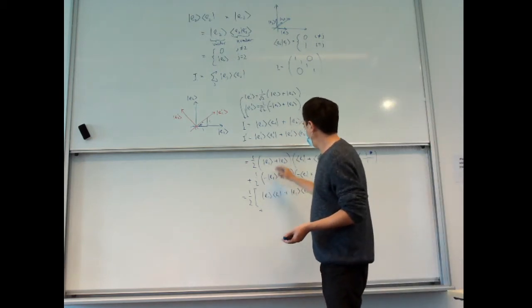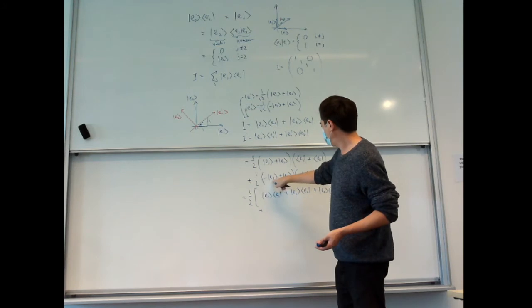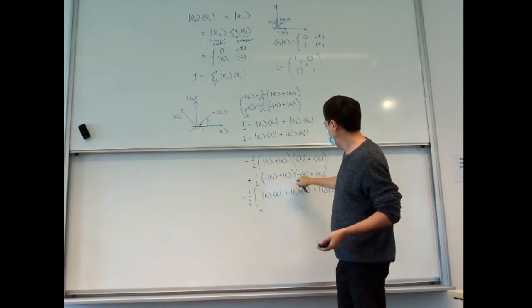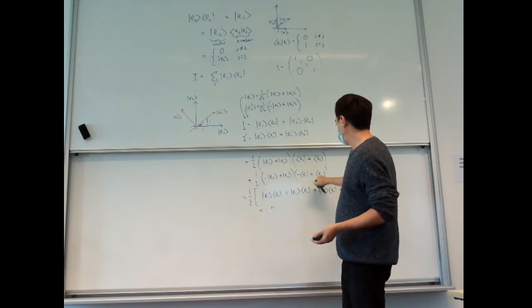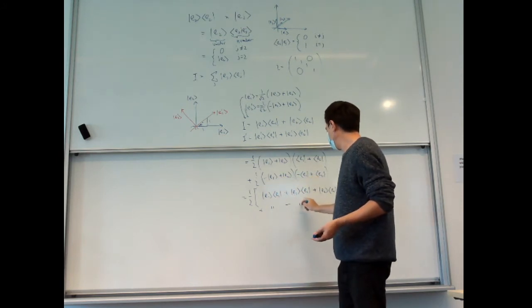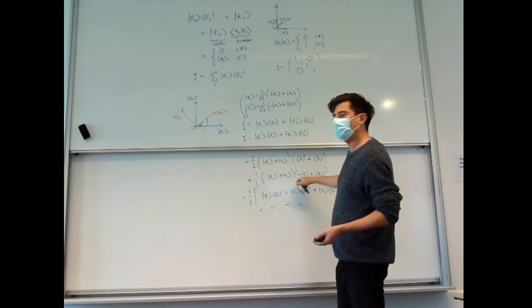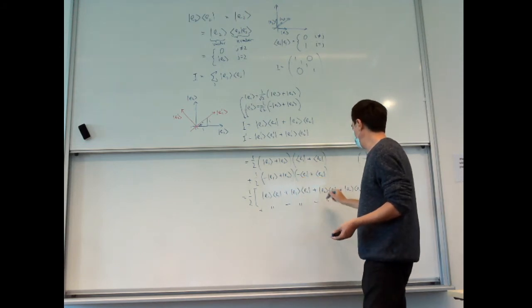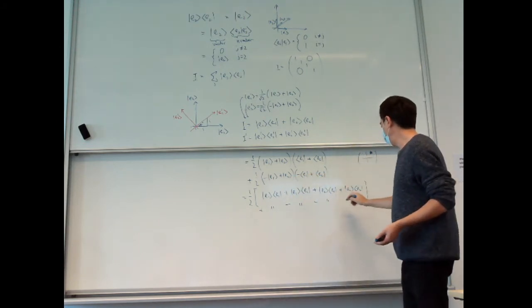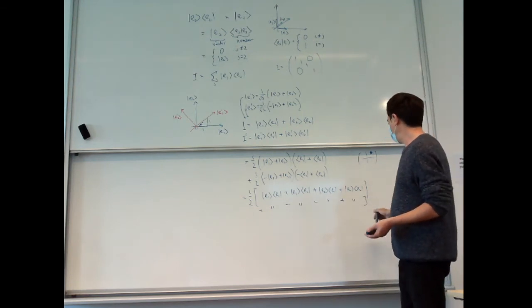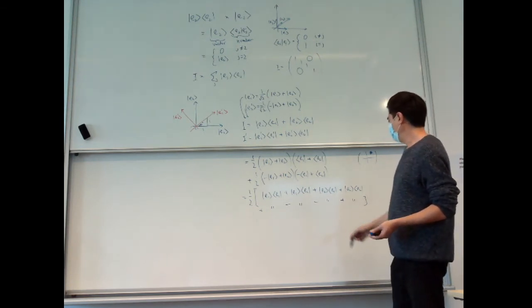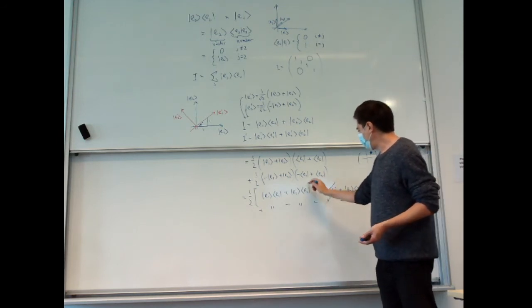And the second one is going to be very similar, except the signs are different. So this is minus, minus, so this is going to be plus. This one is E1, E2, but with a minus sign. This is E2, E1 with a minus sign. This is E2, E2, but with a plus sign. So you can see that these terms cancel out.